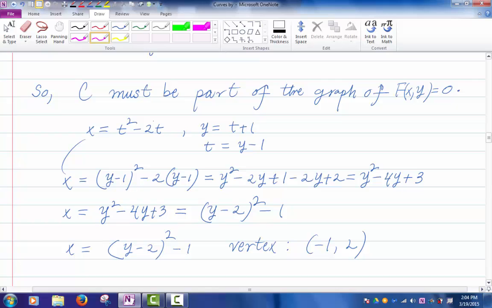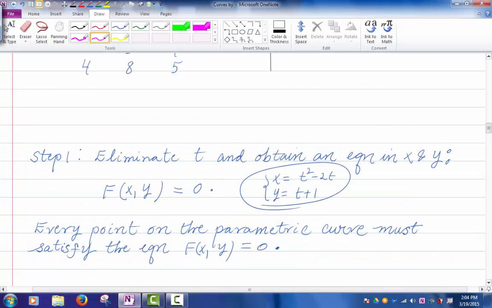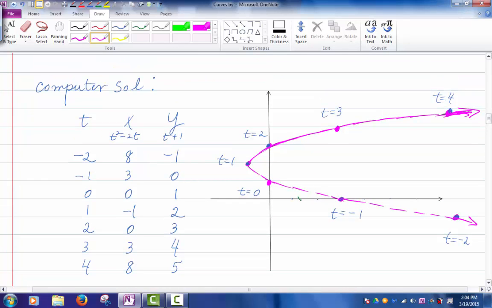Am I coming this way or going this way? Am I making sense? Is it like this, or maybe like this?